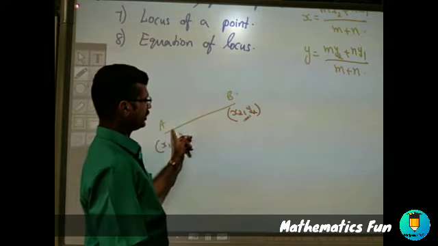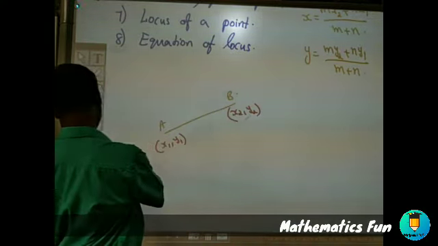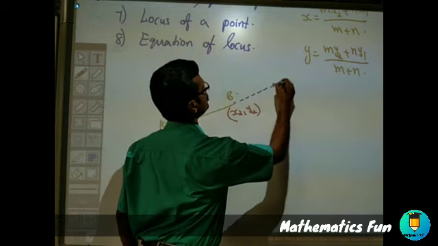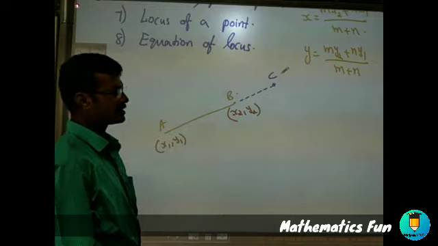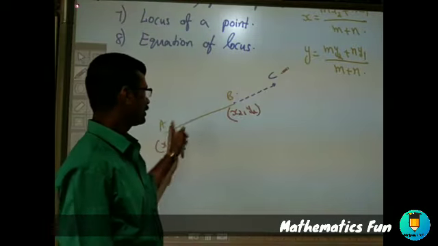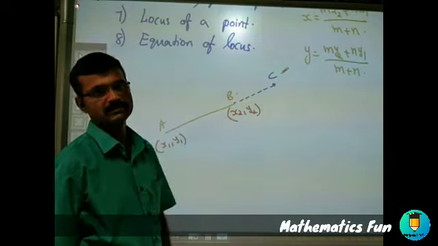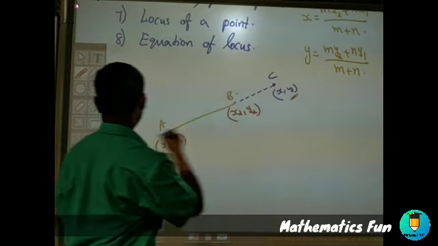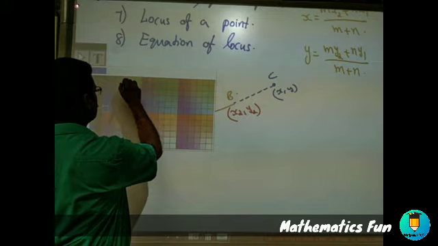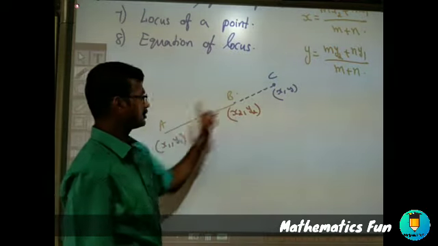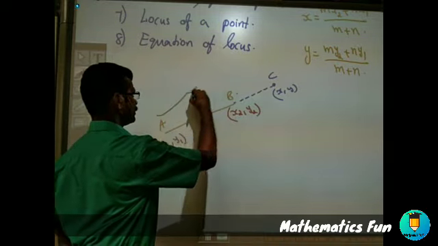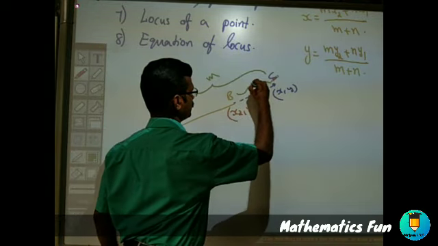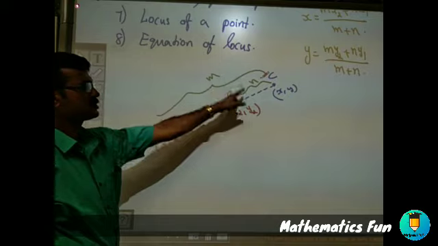Now I am extending the line AB, and let this be the point C. In this case we say that C divides AB externally. Let the coordinates be (x, y), and let the ratio in which it divides AB externally be m is to n, where this part is m and this part is n.